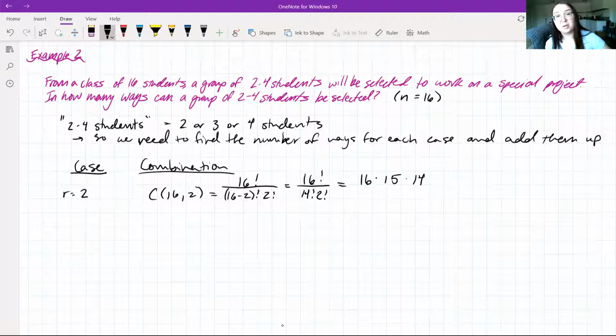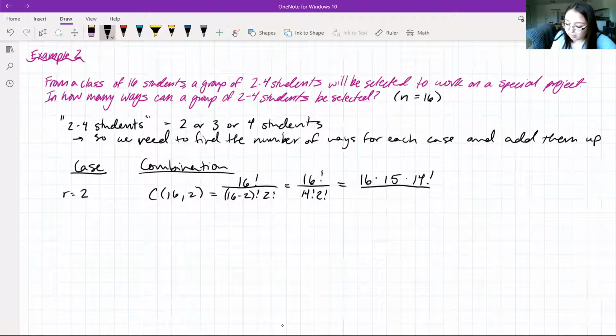Remember the property that we learned in section 8.1, which was that we can substitute out our values of n, or n times n minus 1 times n minus 2, up until we get to a factorial that we need. So in this case, we can write 16 times 15 times 14 factorial, and that covers the rest of our values down to 1.